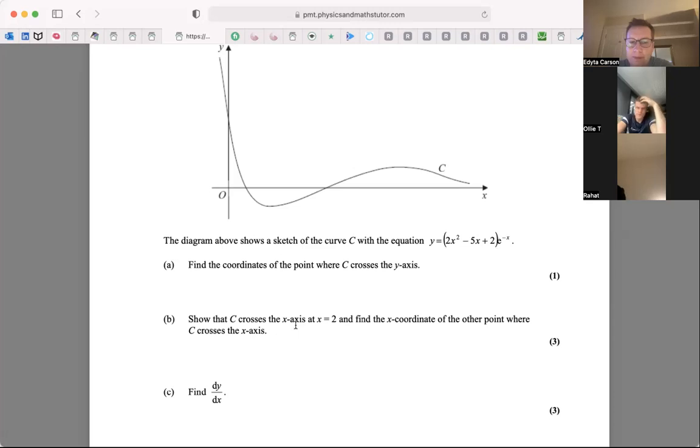Well, you could let x equal u. So you differentiate the bit in the brackets and you do e to the minus x separately, and then you put them together again.